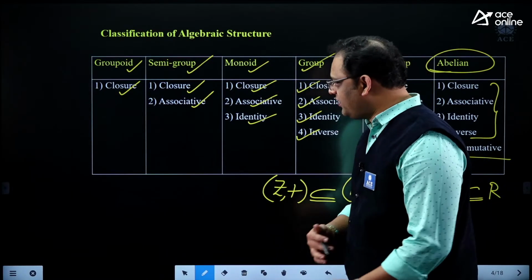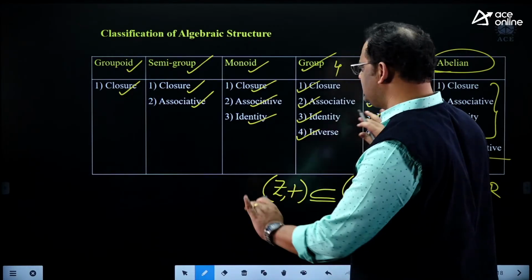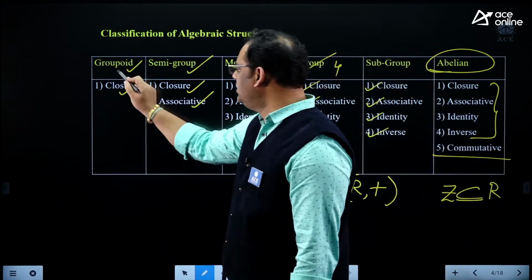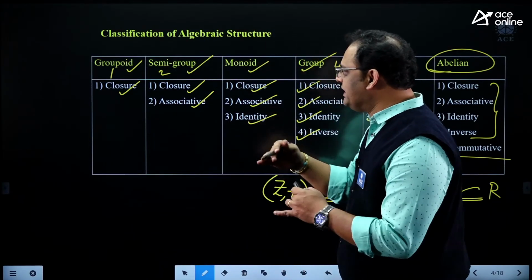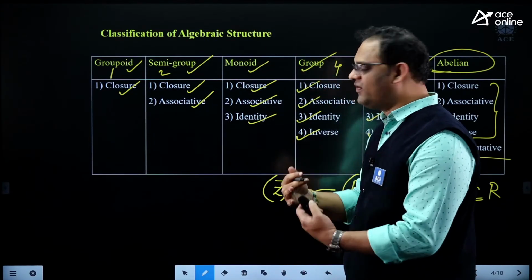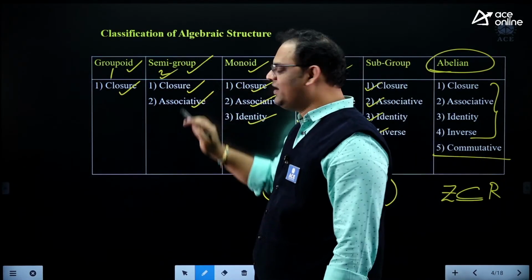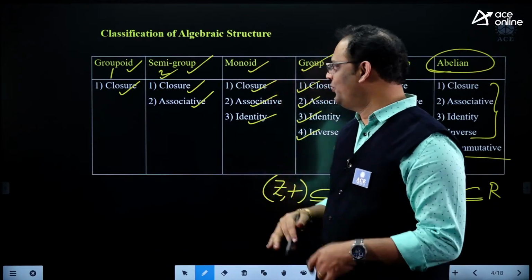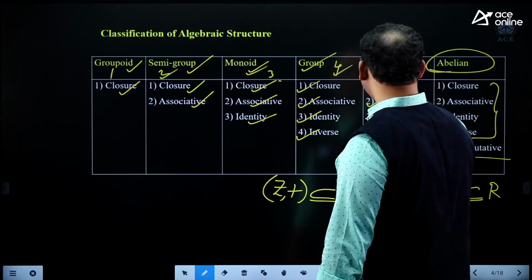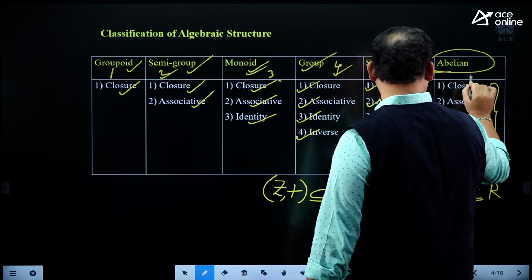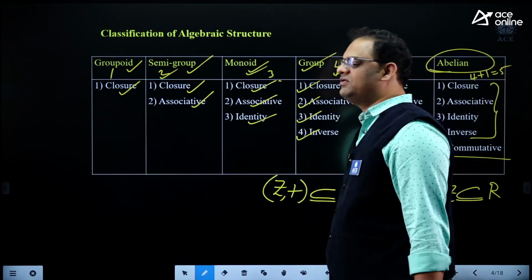So this is the total idea of the classification of algebraic structures. Before going to the formal questions, let us move on to the properties. I hope this table is clear to you. A semigroup, half of the group, requires only two properties. A monoid requires three properties. A group requires four properties, a subgroup requires the same properties, and an abelian group requires five properties: 4 plus 1 is equal to 5.